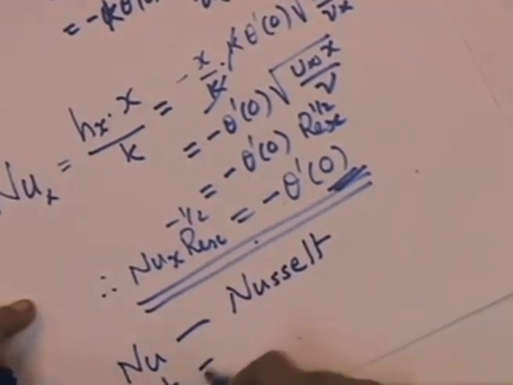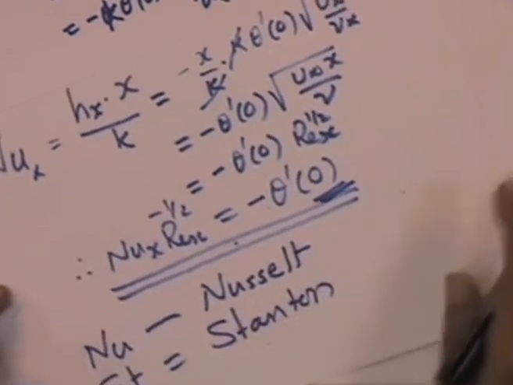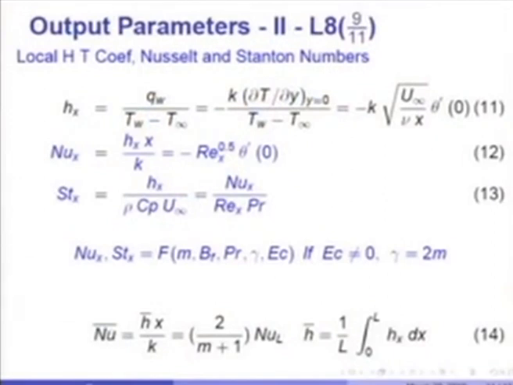Similarly, St is Stanton, named after the scientist Stanton, and that is defined as h x divided by rho cp u infinity. Remember, there is no length dimension in the definition of the Stanton number, and this is found sometimes quite useful in defining a dimensionless heat transfer coefficient.